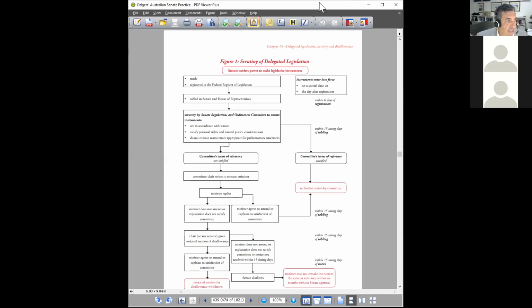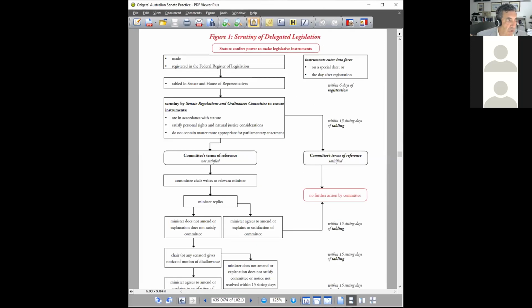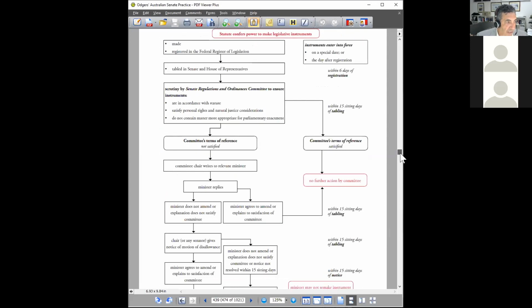So we have on the screen here figure 1, which is described as scrutiny of delegated legislation. I hope that's not too small on your screen. You'll see the flow chart, which provides for the statute conferring power to make legislative instruments and the scrutiny that's undertaken at various levels, culminating in the creation of the delegated legislation.